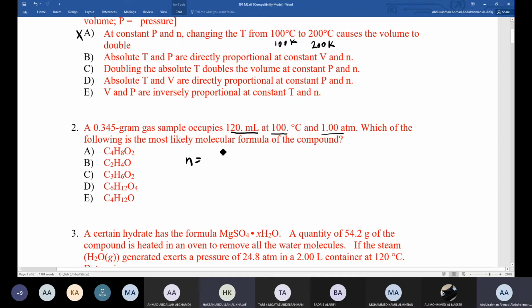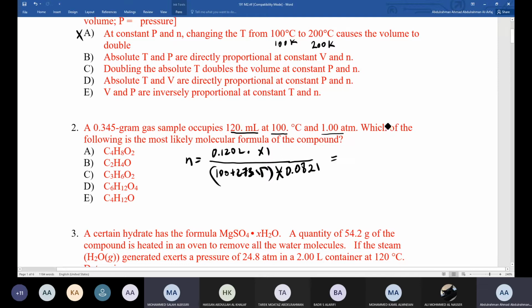Which is, what should I write? 0.120 liter times 1, divided by 100 plus 273.15, times, what's R? 0.082.